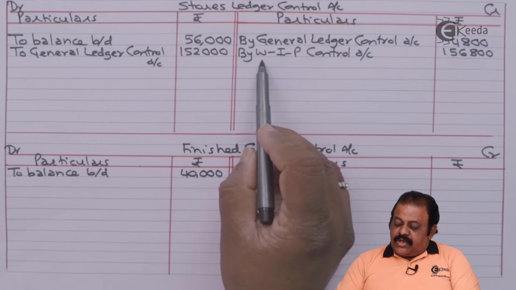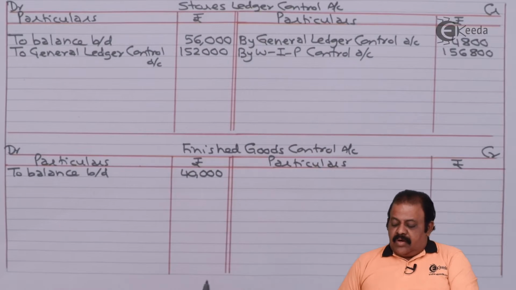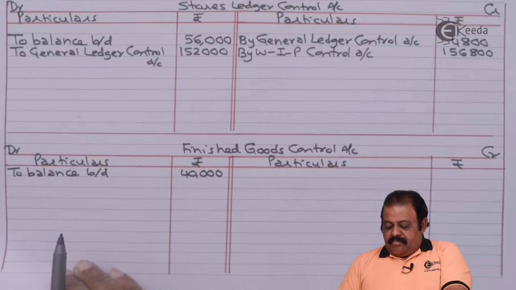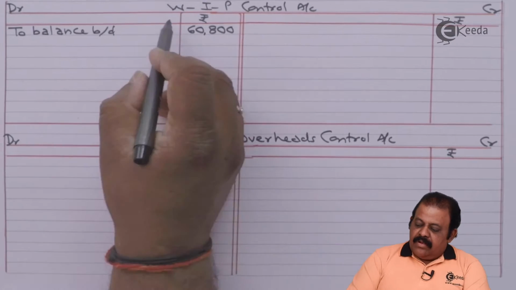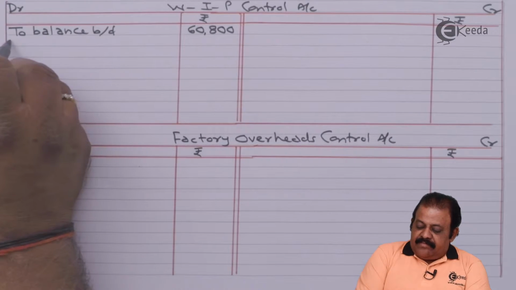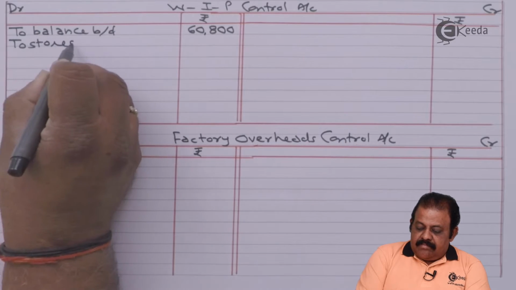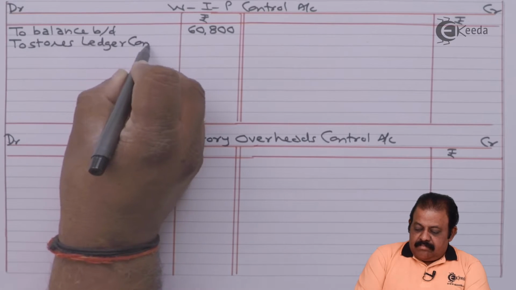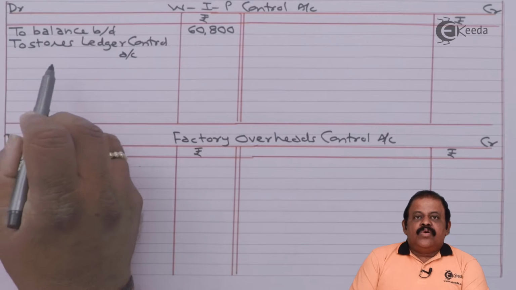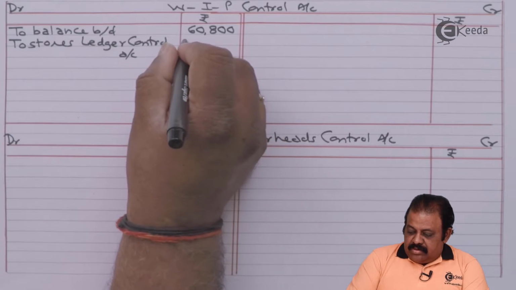This will be then debited to work in progress control account. Work in progress control account debit, to stores ledger control account 1,56,800.